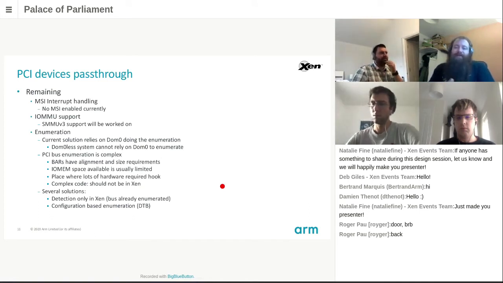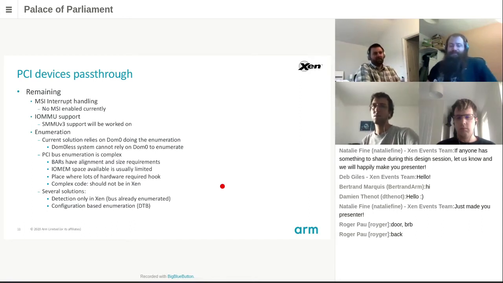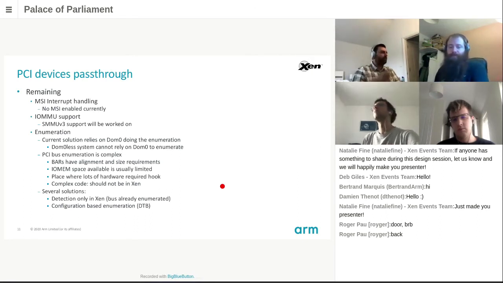Not hardware, any previous firmware. So someone behind Xen doing it, or the user defining it. So it's putting inside the device tree something which looks like the PCI bus, which Xen could take and just say, I know I have to enumerate the bus this way, so programming all BAR registers.